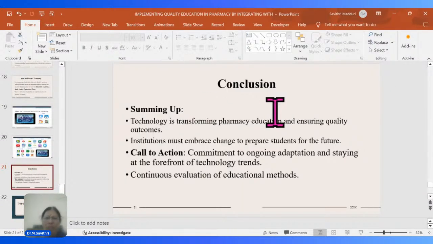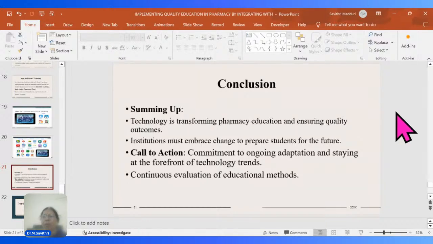Coming to the conclusion, summing up: technology is transforming pharmacy education and ensuring quality outcomes. Institutions must embrace change to prepare students for the future. And a call to action: commitment to ongoing adaptation, staying at the forefront of technology trends, and continuous evaluation of educational methods.